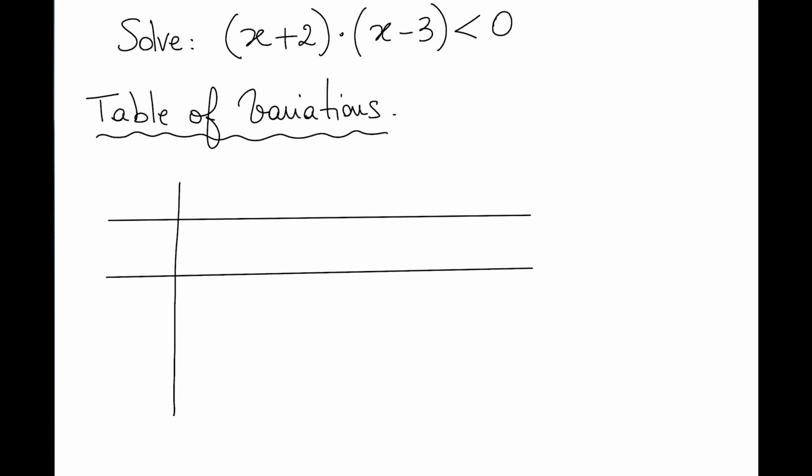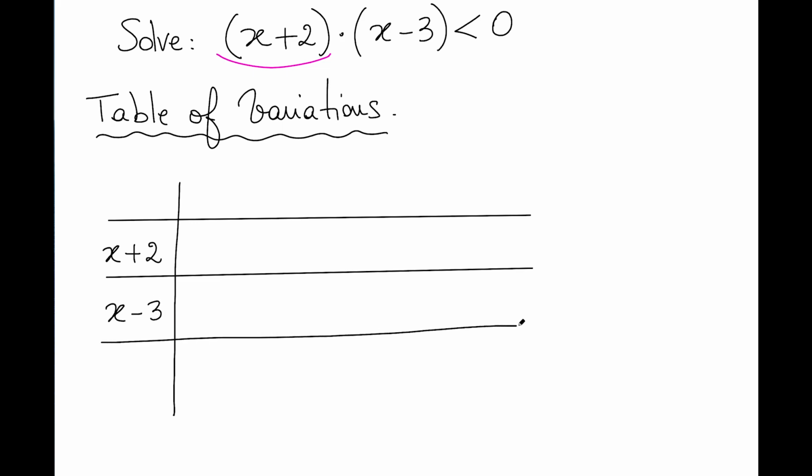So I should have a row for the first factor, which is x plus 2, and a row for the other factor, which is x minus 3. Right? Very good. And the first row, I'm going to think about it as the number line, which means all numbers that are between minus infinity and plus infinity.